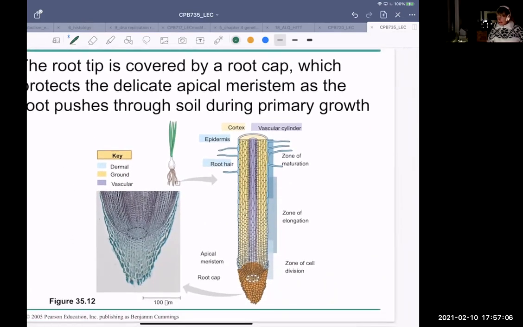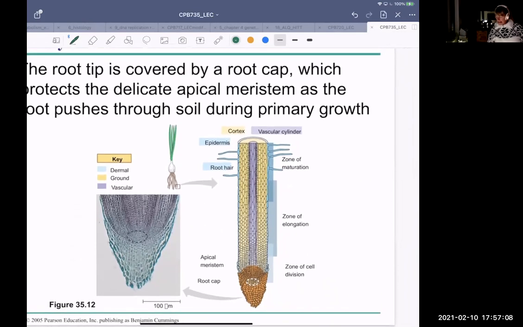And it gets a little complicated, but this is a root that's growing. And one thing about roots, they're growing through soil, and there's a lot of friction in soil. So they have a protective root cap. And this is the zone where the cells are dividing. And this is a zone where the cells are just simply elongating.